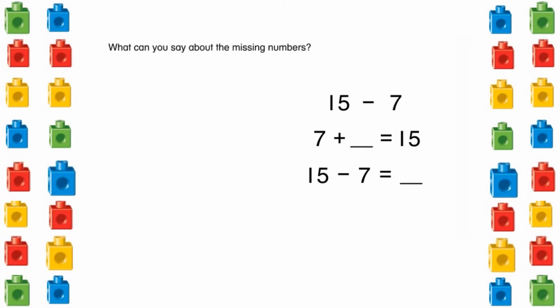What can you say about the missing numbers? Select your answer. The missing number is the same in both number sentences. How do you know it is the same number? Because the addition and subtraction facts are related. They use the same three numbers. What is the missing number?